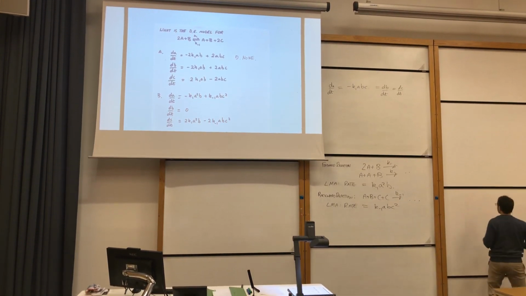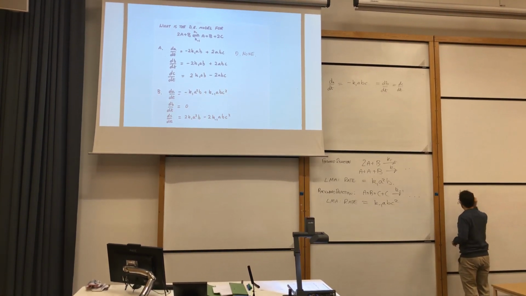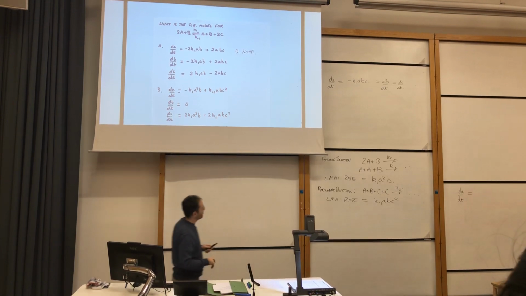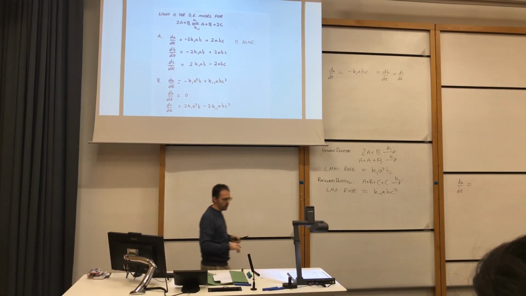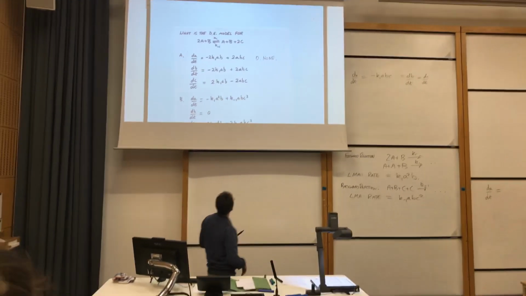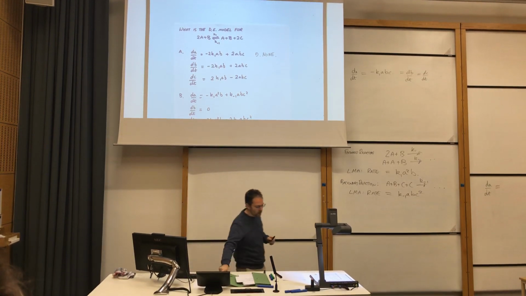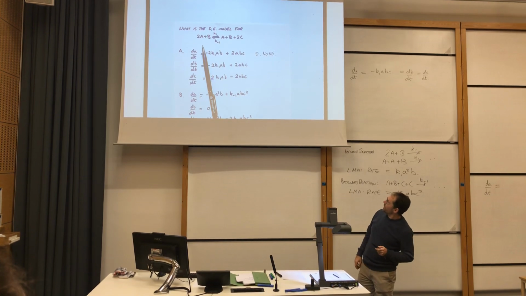Now let's think about what this means in terms of the differential equations. When we convert this into our differential equation model, we're just going to have to think systematically about what's happening to our molecules as we go through this reaction.